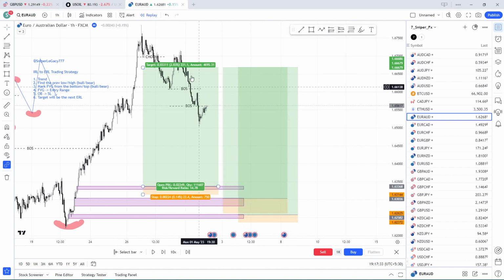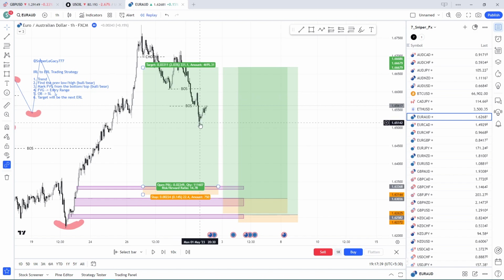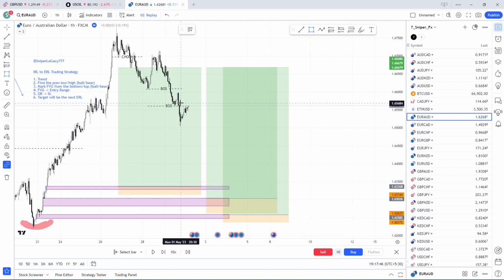Okay, so now we have high, low, high, low, high, low. Okay, we have BOS. The high before the BOS is our high that we have to consider, and we see the first, we have a FVG here, three continuous red candles, and we have a FVG.